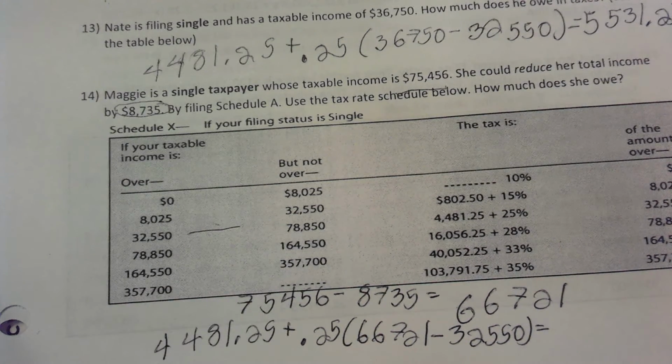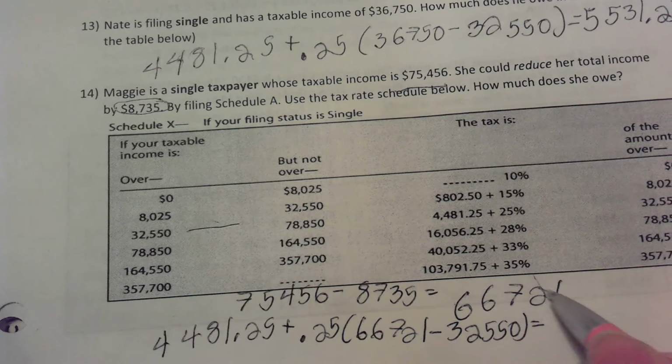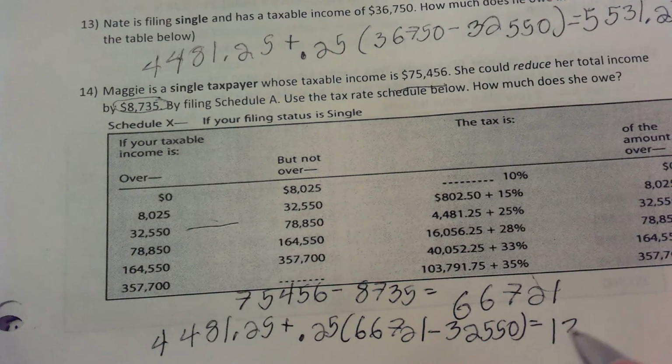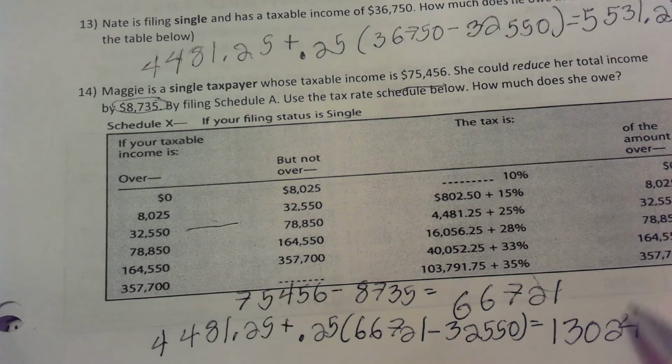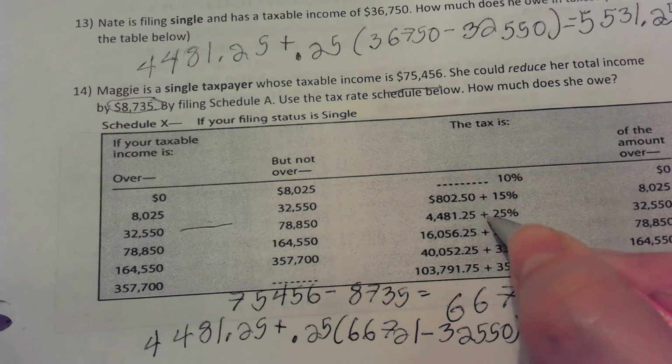So we go ahead and put that in the calculator. And we get that Maggie would owe $13,024. Everybody understand? Just make sure that you understand.